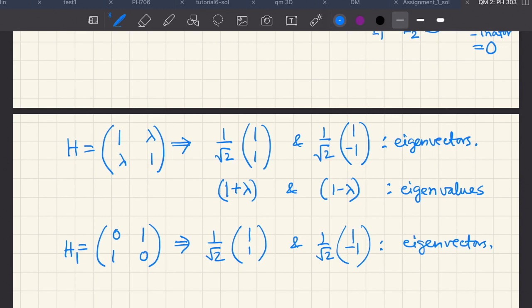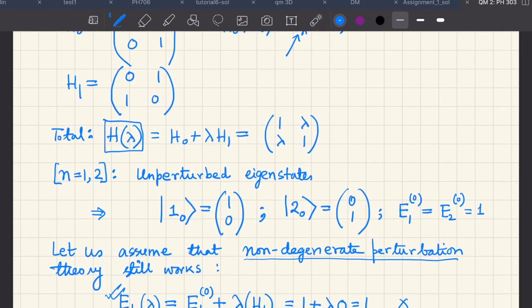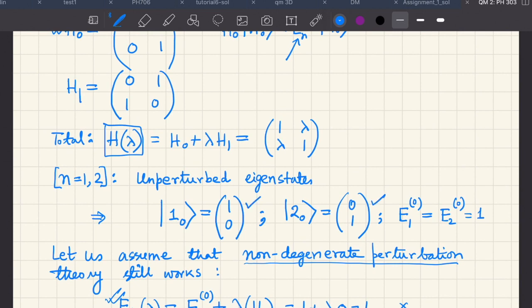On the other hand, for the unperturbed Hamiltonian H0, which I have just written here, the eigenvectors are (1, 0) and (0, 1).